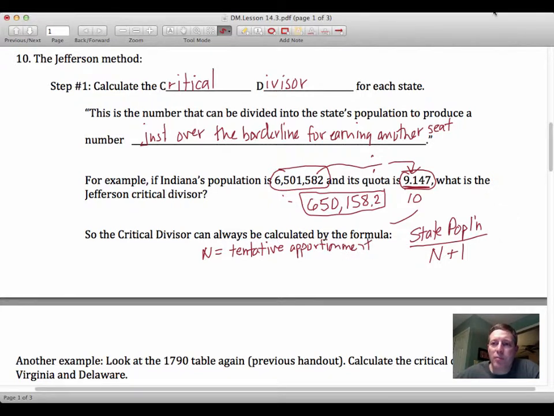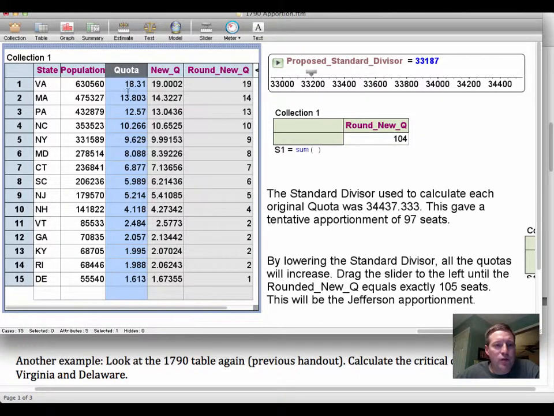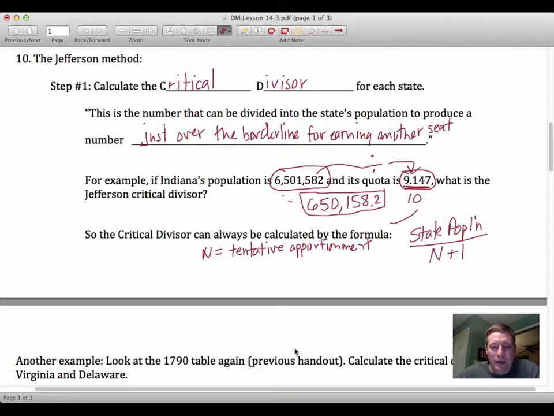The tentative apportionment, you might remember, is what each state earns if you round down. So the tentative apportionment for Virginia would be 18. Tentative for Massachusetts is 13. Tentative for Pennsylvania is 12. So the tentative is always just the rounded down number. But the n plus 1 then is going to be the number they're trying to earn. So the n plus 1 would be 19, 14, 13, 11. So that's how the critical divisor works.